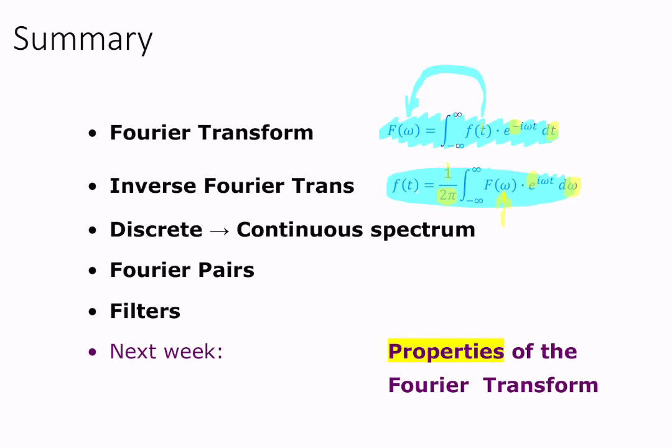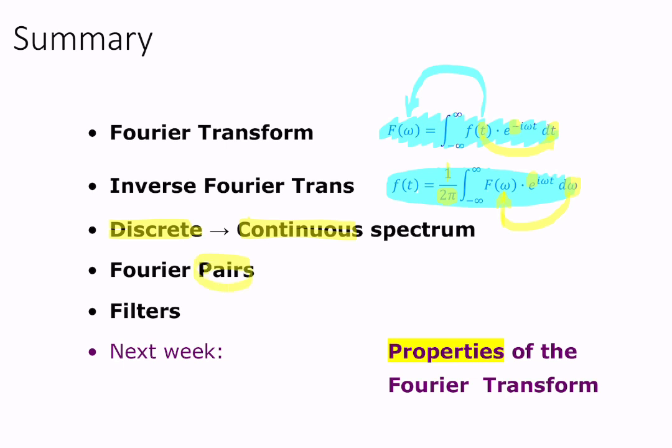And time here corresponds to a variable of integration t, and omega here corresponds to a variable of integration omega. And we said that whereas the Fourier series will have a discrete spectrum, the Fourier transform generally, unless it's a periodic signal, will have a continuous spectrum.